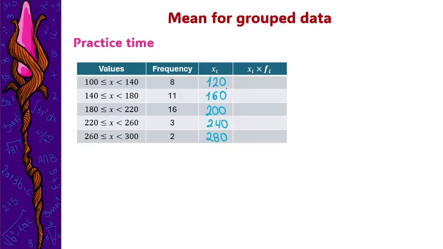And then we multiply them by the frequency: 960, 1760, 3200, 720, and 1560.